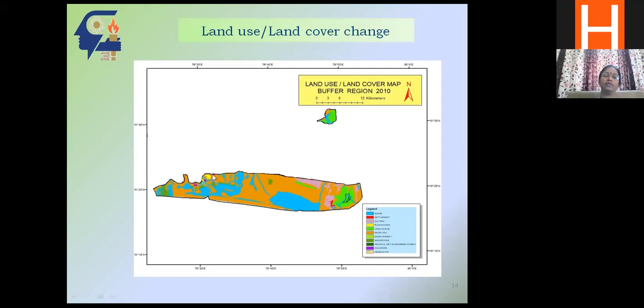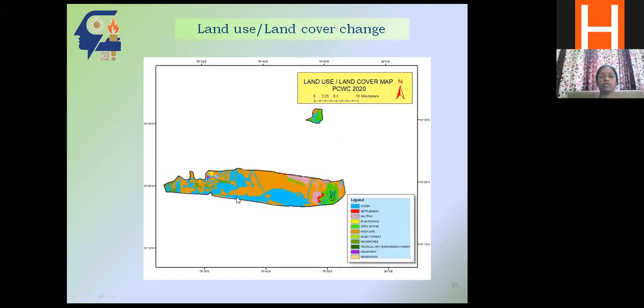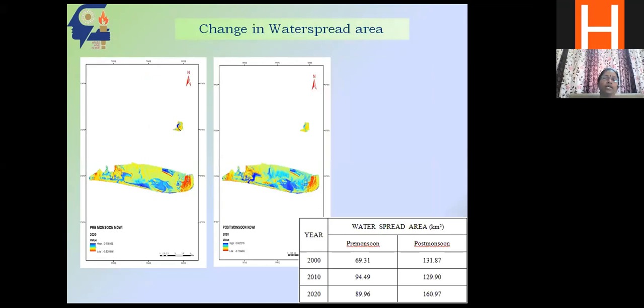And we had some aquafarms springing up here, salt pans springing up here. We identified all those things, and this was in the year 2020. We could see completely the water has started moving this side and has merged with the next lagoon. So when we take the water spread area, it was going on increasing every decade. So this is an assessment that you have to do in an ecosystem.